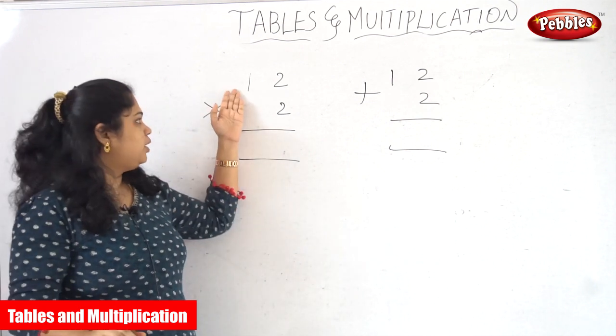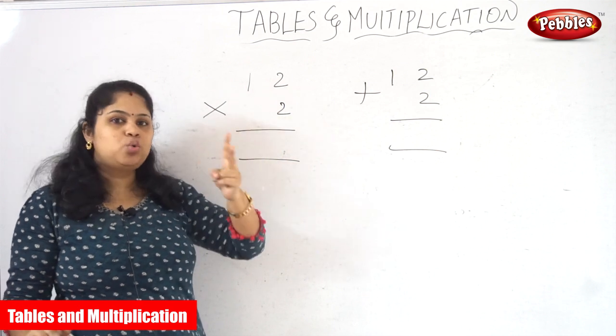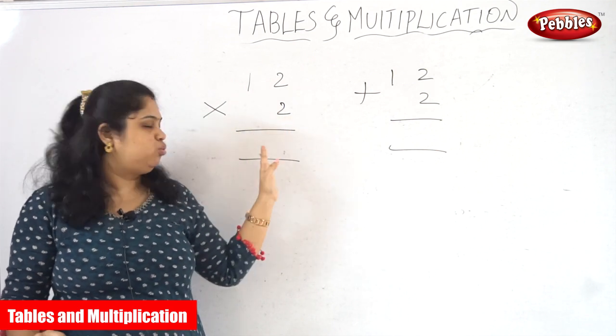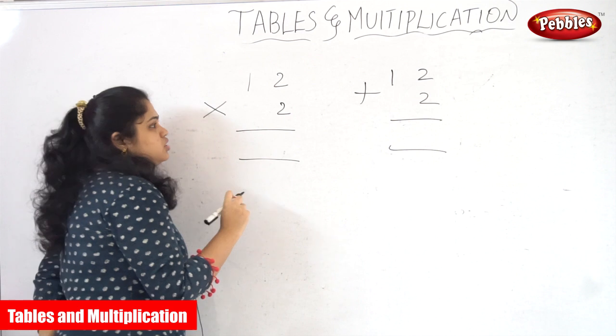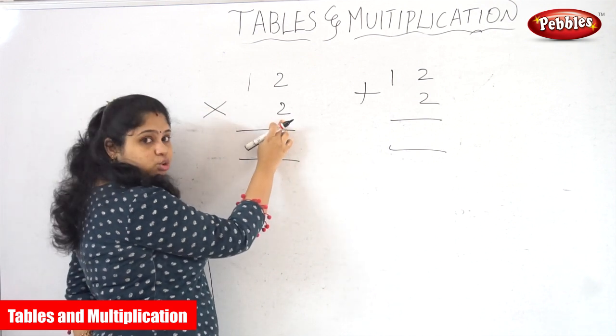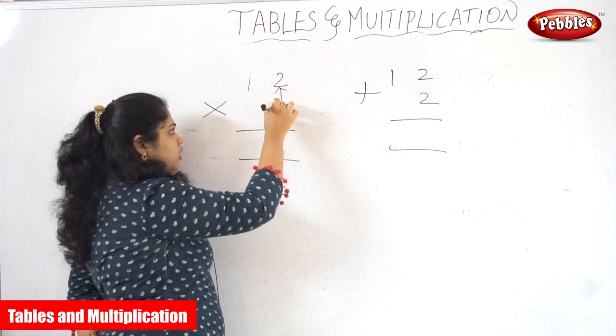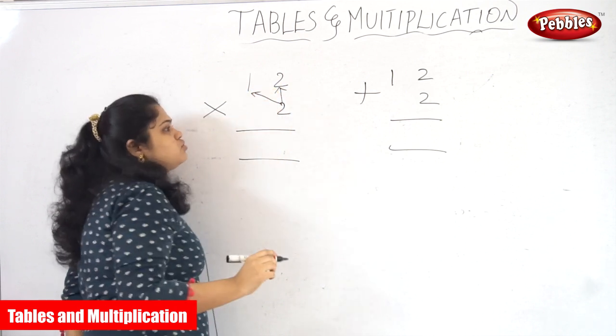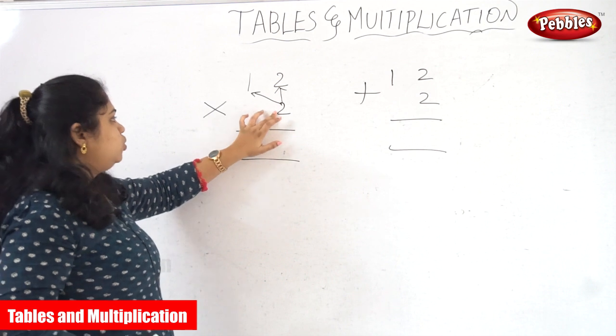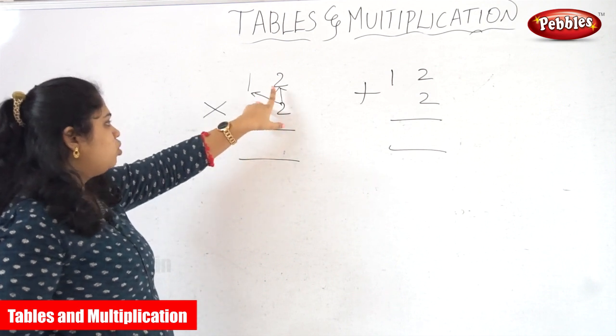At the top I have written the 2-digit number 12, and at the bottom I have written the 1-digit number 2. This 2 is going to be multiplied with both numbers.